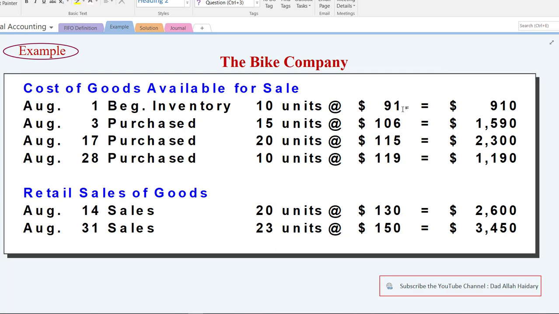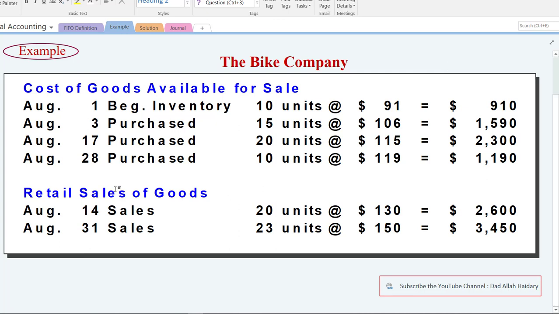And on August 28, again there is a purchase of 10 units at the cost of 119, which is equal to 1190. Now, students, this is the total cost of goods available for sales. It means the total inventories which came to the business, or the total stock available in the business or organization.